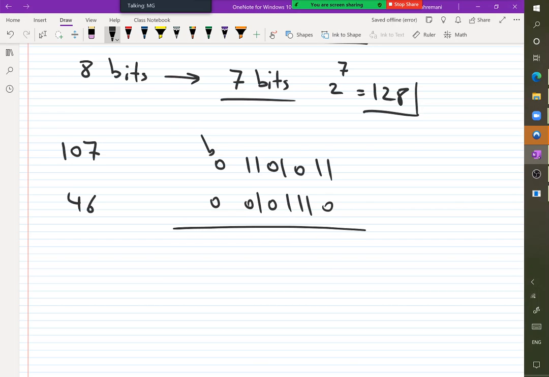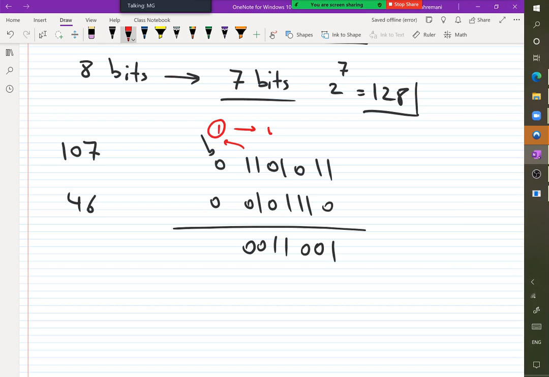If we add these two numbers, we will have 1, 0, 0, 1, 1, 0, 0. But here we have a carryout.